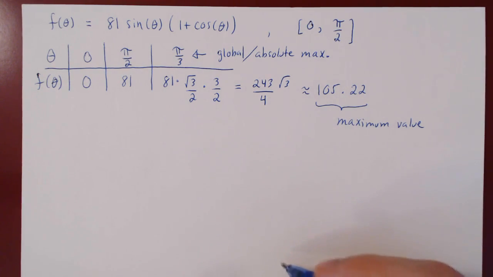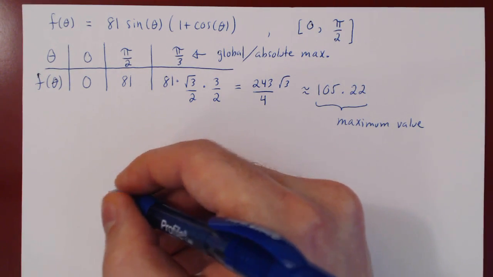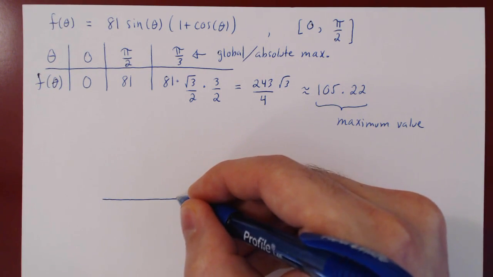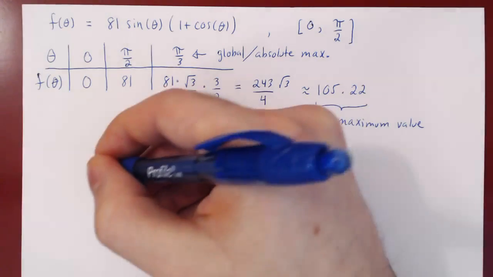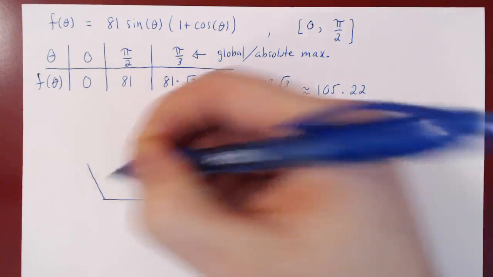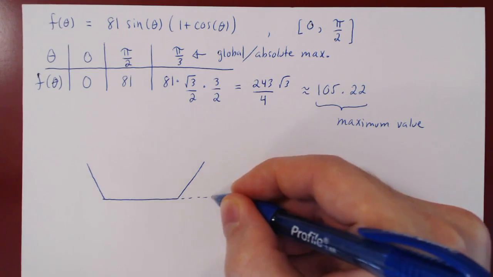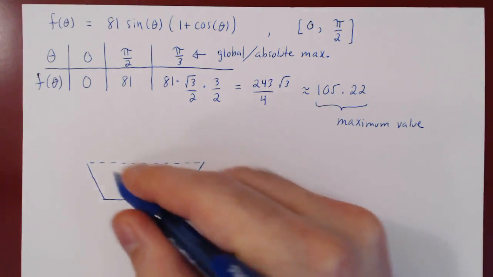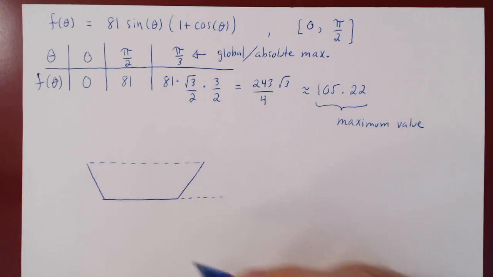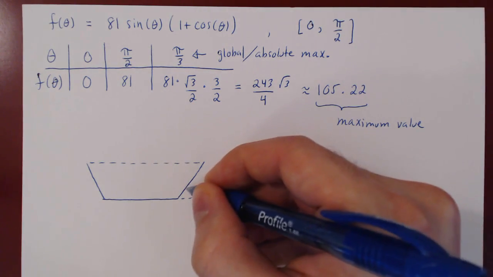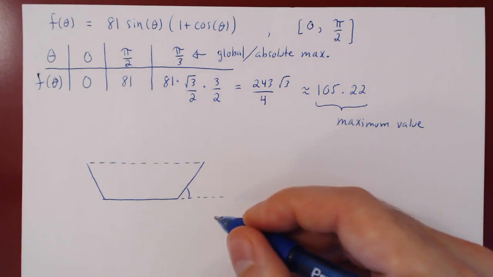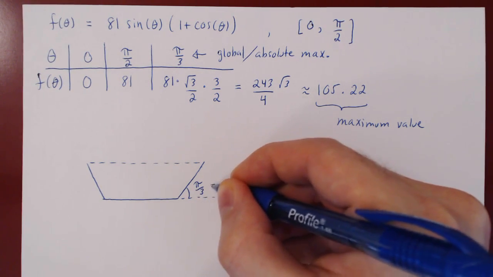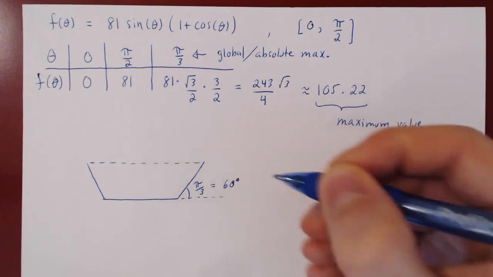So we can draw our picture. The sides were of length 9 centimeters, so this would be 9 centimeters, 9 centimeters, 9 centimeters, and the way to maximize the area of our trapezoid, the carrying capacity of our gutter, was if the angle at the base was exactly pi over 3, or again, if you prefer in radians, 60 degrees.